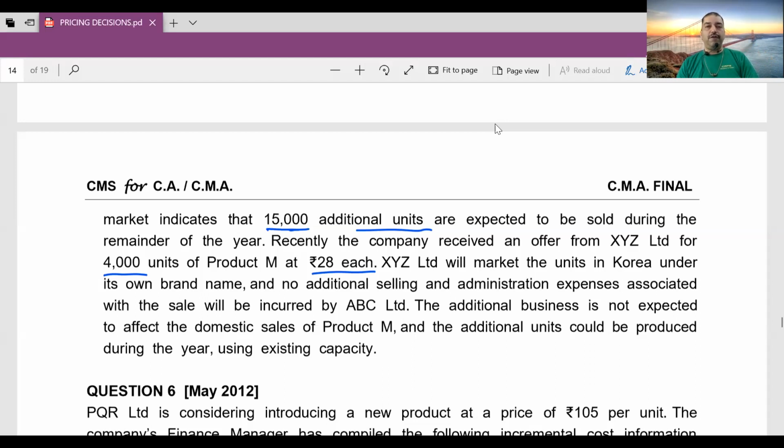That means domestic sales, whatever they are selling, that will continue, and in addition to that, you will have the export order. And the additional units could be produced in the year using the existing capacity. That means you have the sufficient capacity to manufacture the additional 15,000 units, or rather 4,000 units. Fine. So let us start first with calculation of the desired profit.